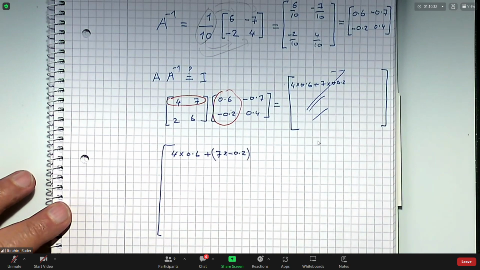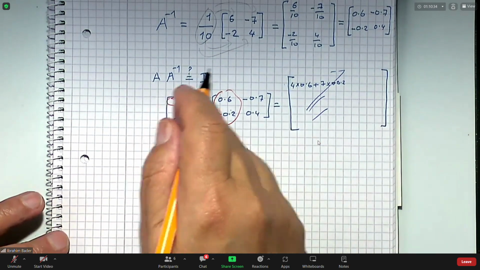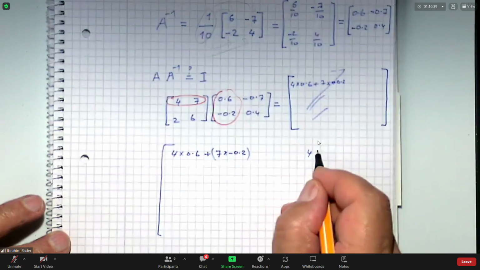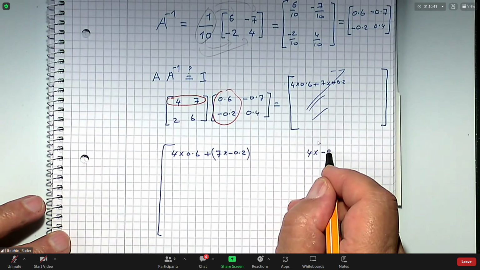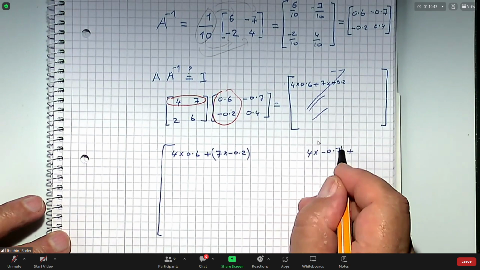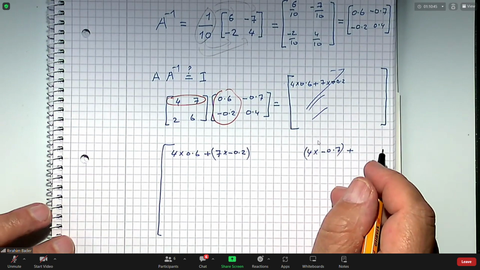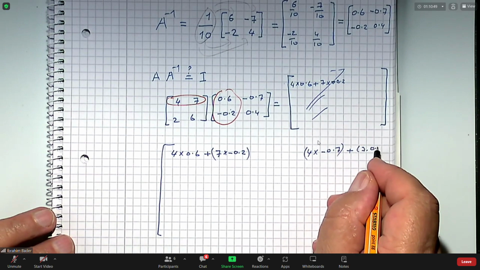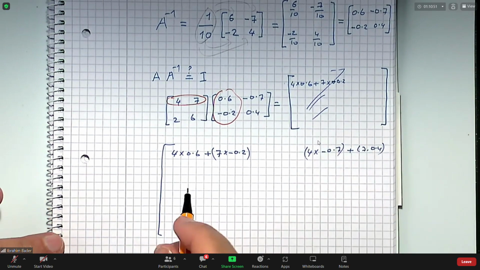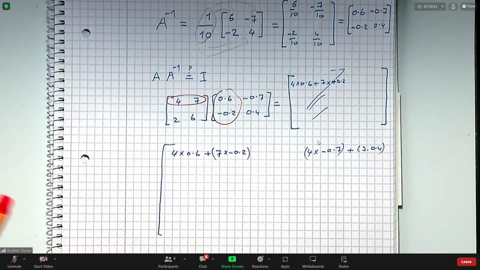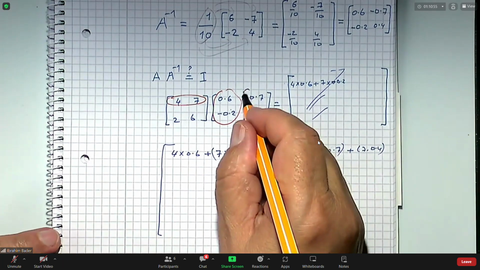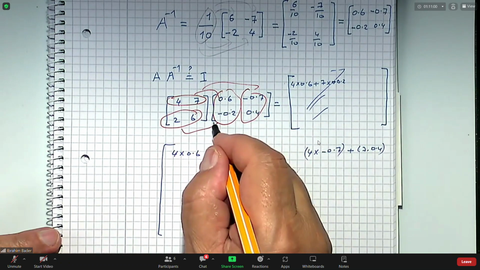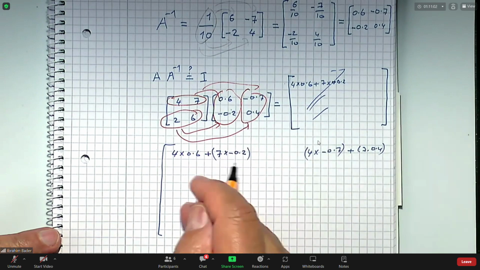Okay. Now the second element here, I multiply this with this one. So here 4 times negative 0.7 plus 7 times 0.4. Now this one we are done. Here I go to the second row, multiply it with that one and that one to get the second row.